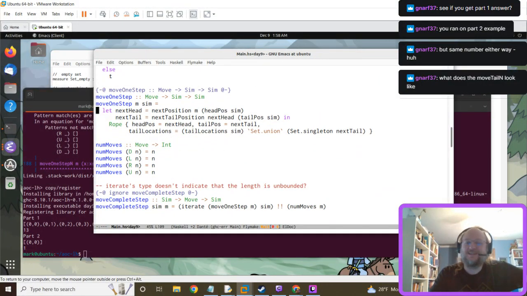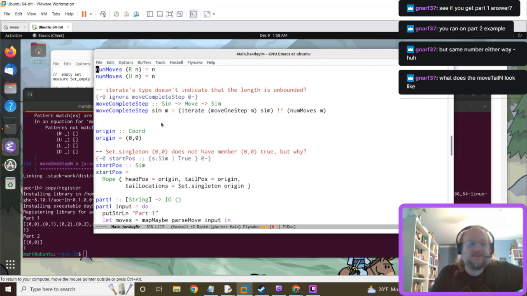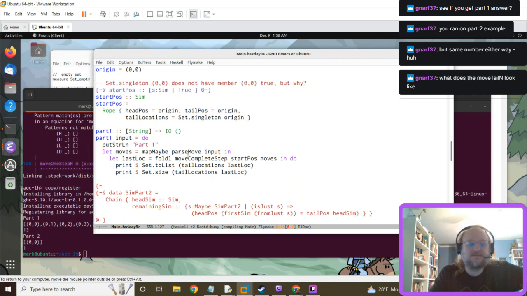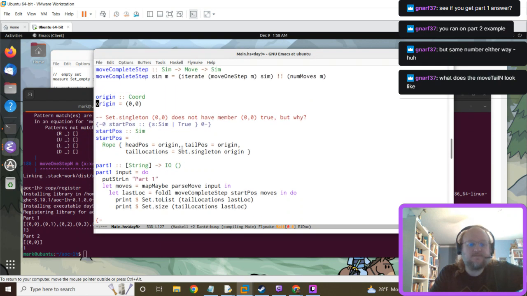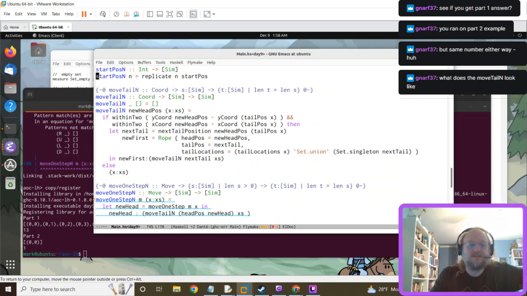What does move tail end look like? So move tail end takes the new head position.